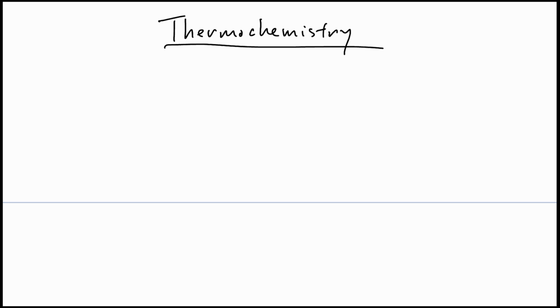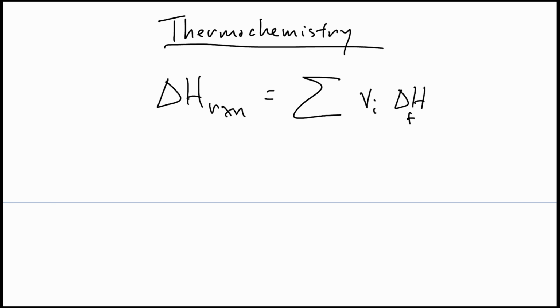But we're not done yet. We're not going to, early I meant, let's give it a couple more minutes. Thermochemistry, what is that? Do you remember this? You know, where you have delta H of some chemical reaction, right? And you do something like sum over some stoichiometry, and you have some delta H's of formation of the reactants and products. You remember this? This is what they made you do in high school, right?